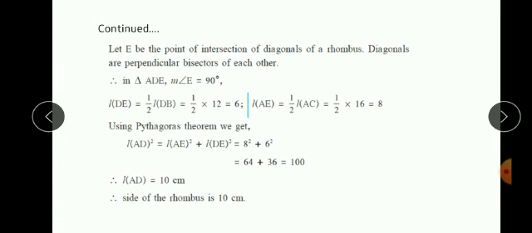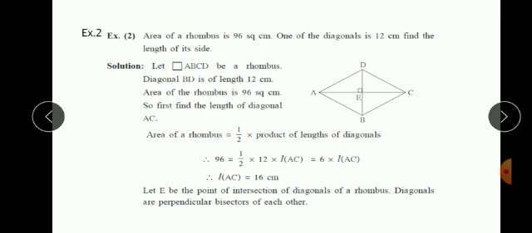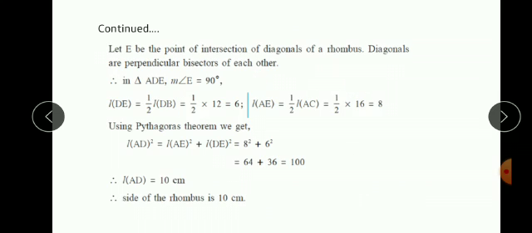So using Pythagoras theorem, we get length AD square is equal to length AE square plus length ED square. This is the Pythagoras theorem.